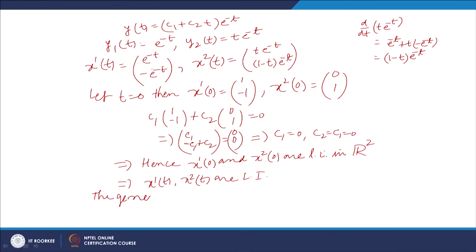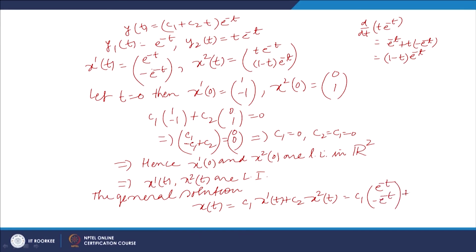General solution is x(t) equal to C1 times x1(t) plus C2 times x2(t), which is equal to C1 times (e raised to the power minus t, minus e raised to the power minus t) plus C2 times (t e raised to the power minus t, and (1 minus t) e raised to the power minus t).